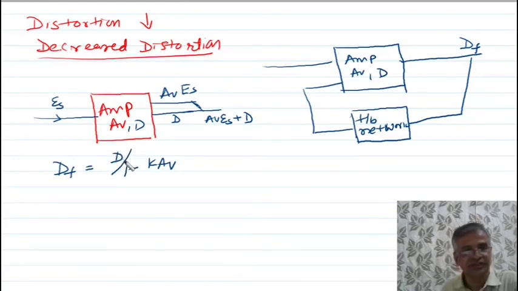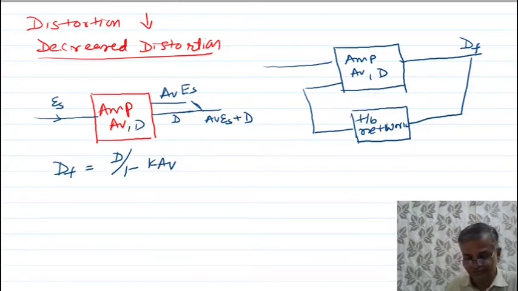So let us prove this. D is the distortion of the amplifier without feedback. DF is the distortion of the amplifier with feedback. It's very easy to prove. Look here, when you give the input, the output will be nothing but the gain multiplied by input plus the distortion produced by this circuit.